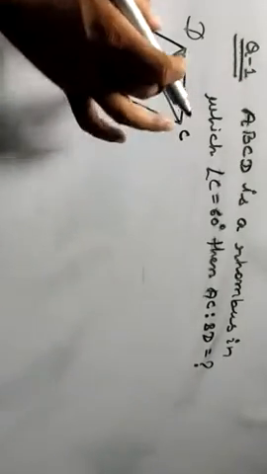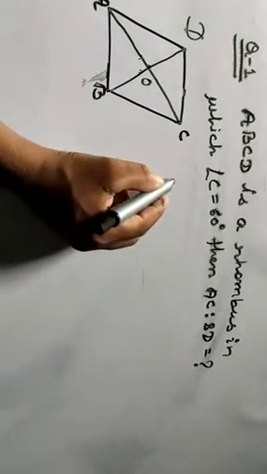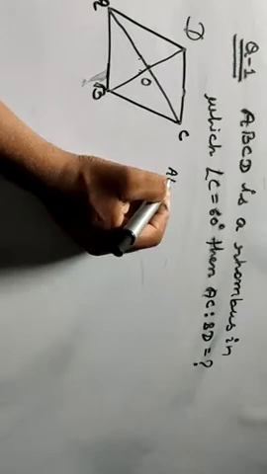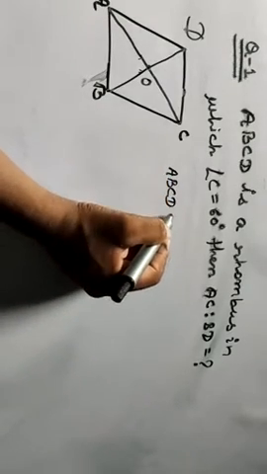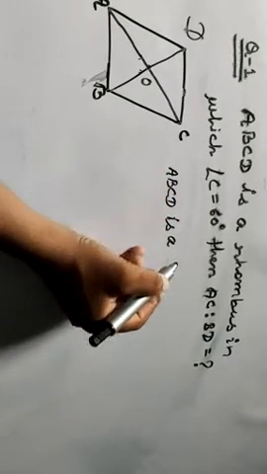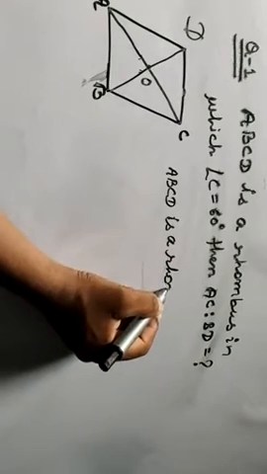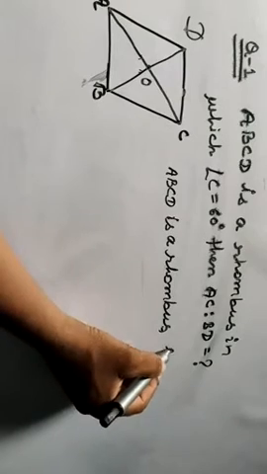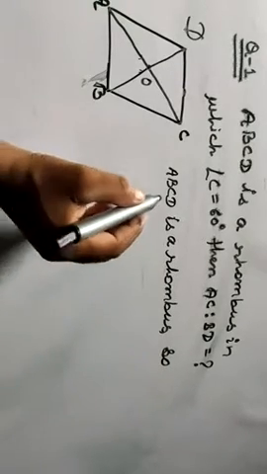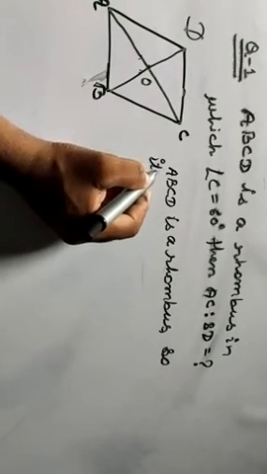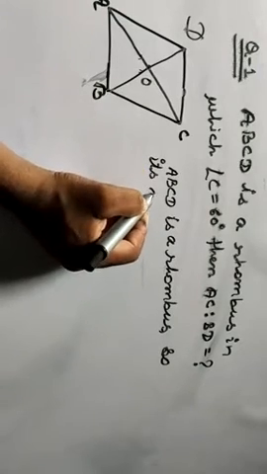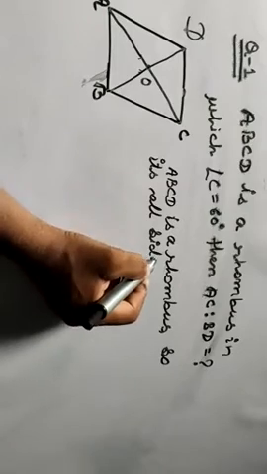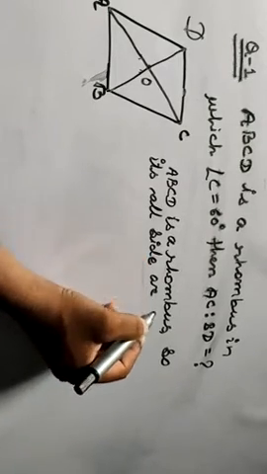We know that it is a rhombus. Just write down: ABCD is a rhombus, so all its sides are equal.